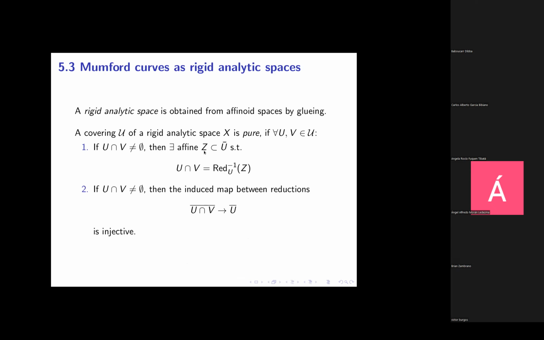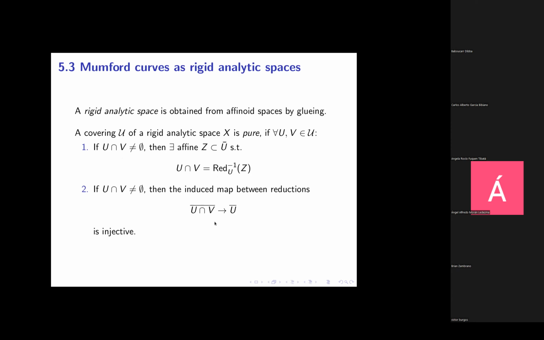So there is an affine Z in the reduction of U, such that upstairs, the intersection of the two patches is the inverse image of this affine piece Z with respect to the reduction map of patch U. So this is the technical part, but the important part is if two patches intersect, then you have two reductions, one reduction to the intersection and one reduction, so there's a big bar here over the intersection, mapping to U bar, coming from the inclusion map, and this has to be injective.